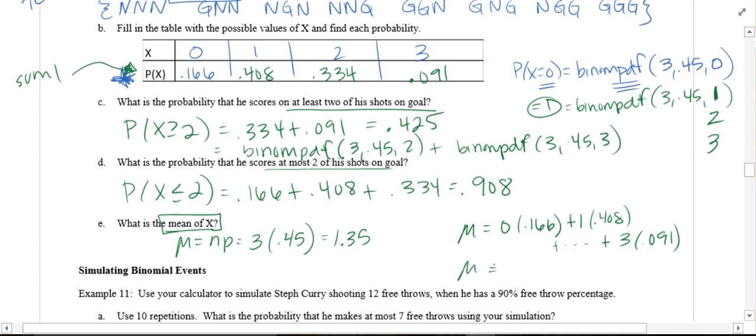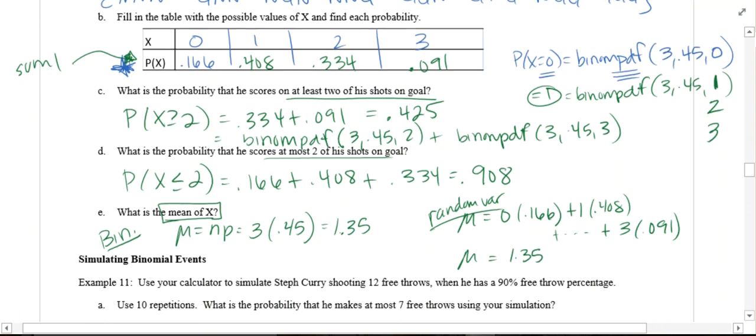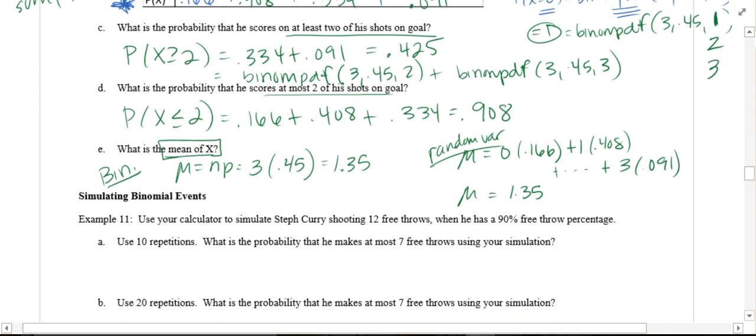So if you do this in the calculator and just use your list like we did before, you get 1.35. Okay, so the mean's 1.35. You can solve it using binomial, or this was our definition of a random variable. I think it's pretty cool when you start to be able to solve problems in multiple ways and get the same answer. Okay? So you would only have to show one way, but I'm just saying either way you do it, you would still get full credit.